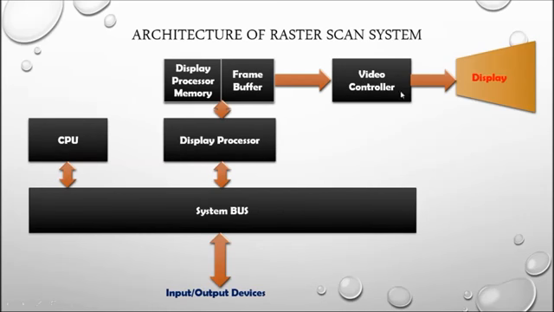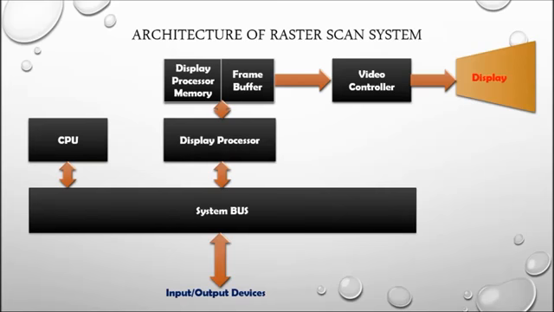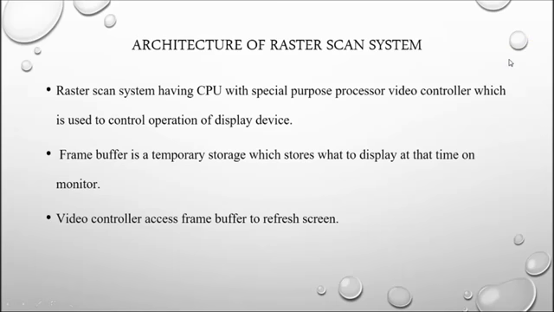The video controller is a special purpose processor used to control the operation of the display device. By using this video controller, we control the functioning of the display device.